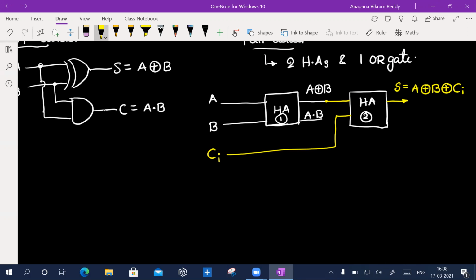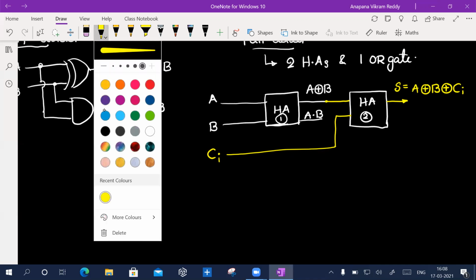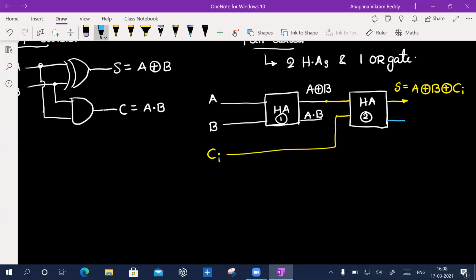And then the carry here, I'll take this color. Here I have inputs A and B, so therefore I have carry as A and B.